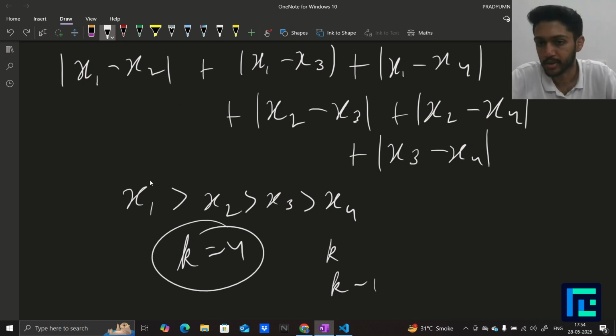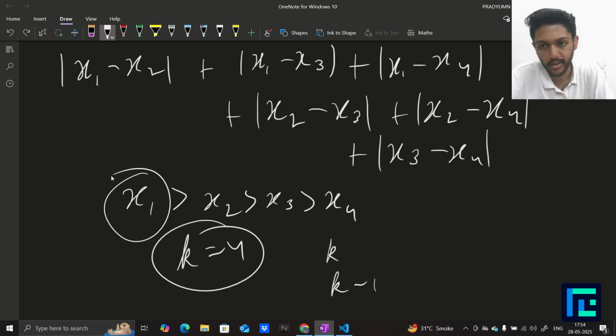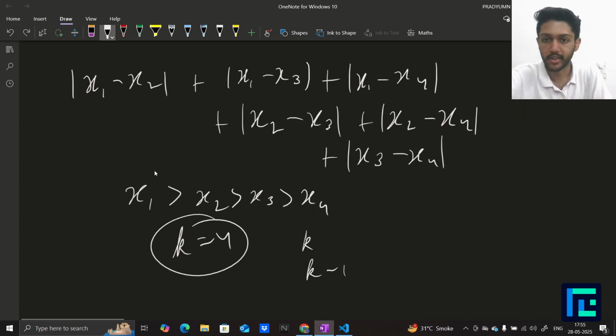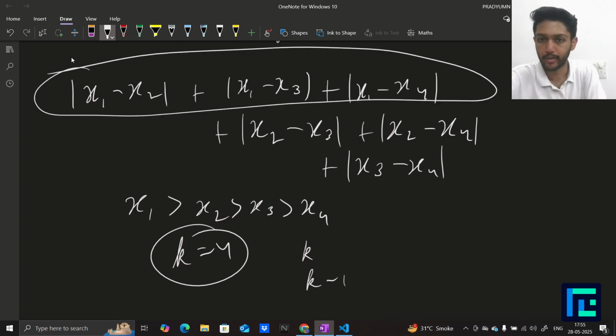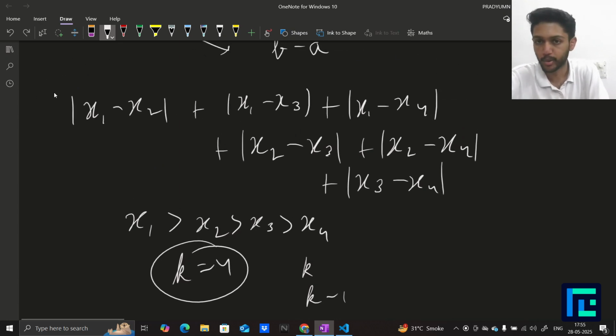And since I assumed that x1 is the greatest, what does that mean? That means that in all of these 3 absolute value terms, x1 will come out as positive. I can write this as plus x1 minus x2, and this one as plus x1 minus x3. I can just solve the mod. I have simplified this modulus, right?